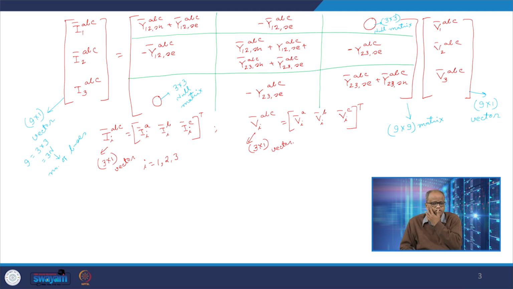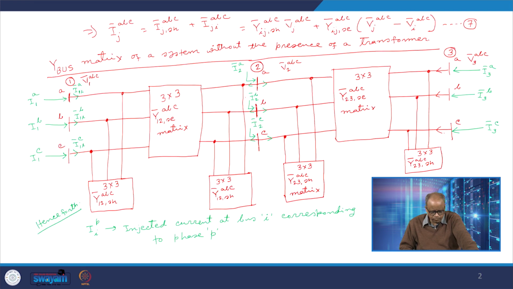And whenever there is a direct connection between any two buses, for example between bus 1 and 2, the corresponding off diagonal 3 cross 3 block matrix is nothing but the negative of the admittance connected between bus 1 and bus 2.